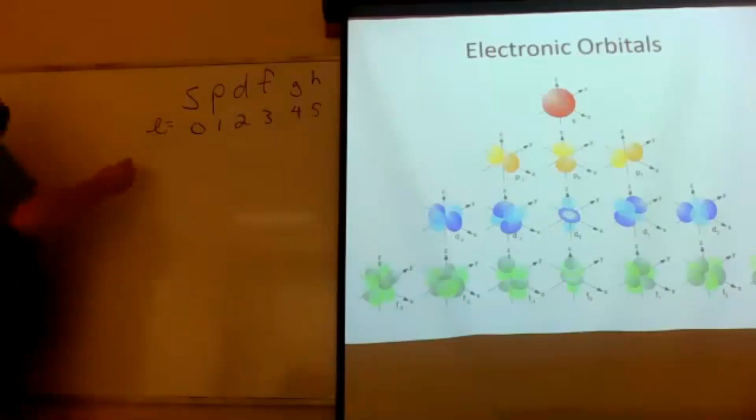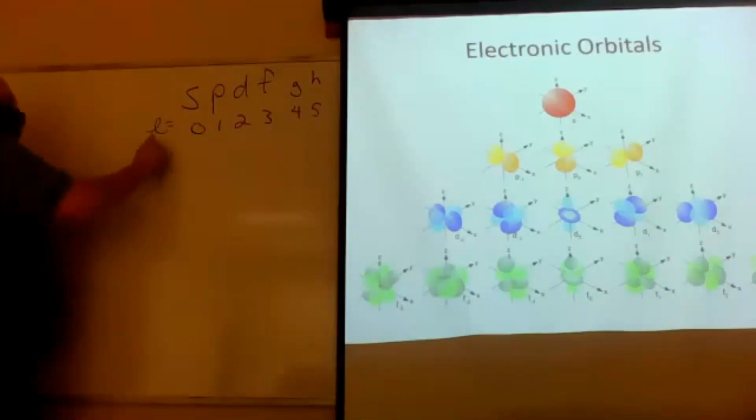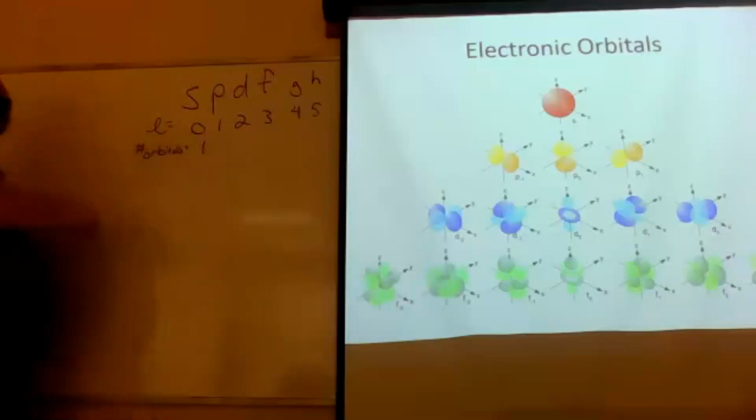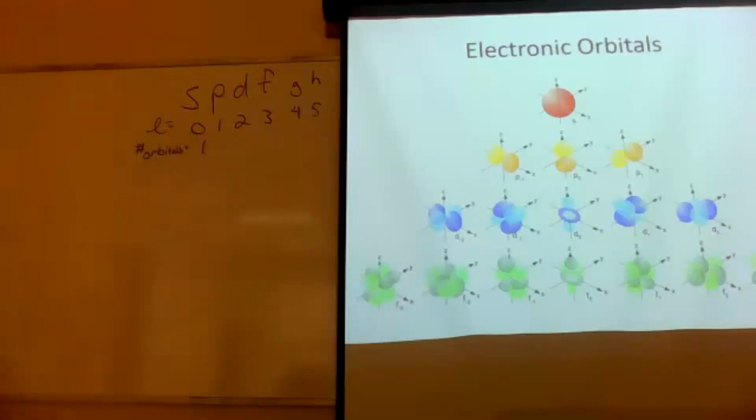Now, each one of these pictures is called an orbital. So let's just count the pictures. How many S's are there? How many pictures of the S's do we have? 1. How many pictures do we have of the P's? 3.